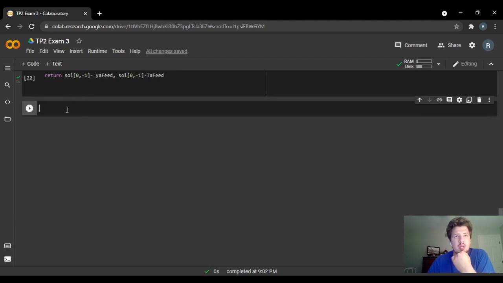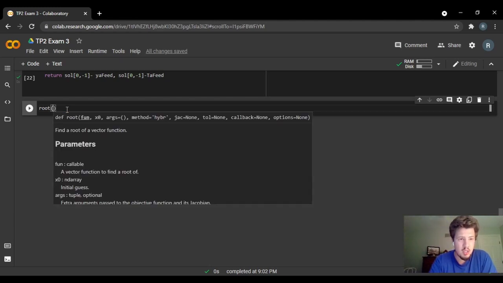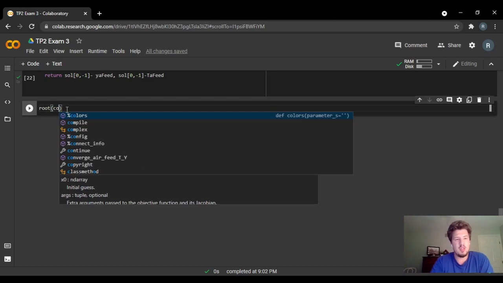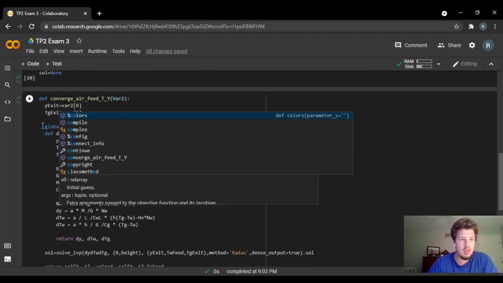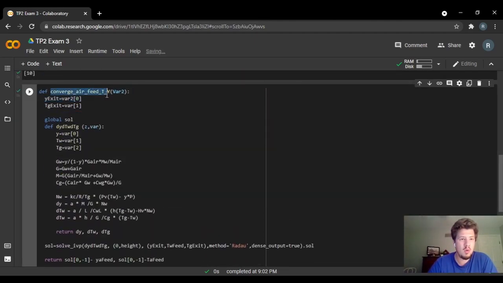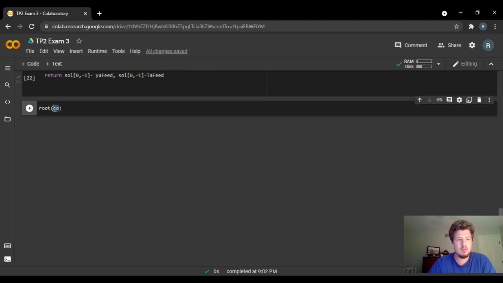for the actual variable. So we will utilize the root function to give it the function, which is the converge feed up here. Converge feed. Just going to copy paste.